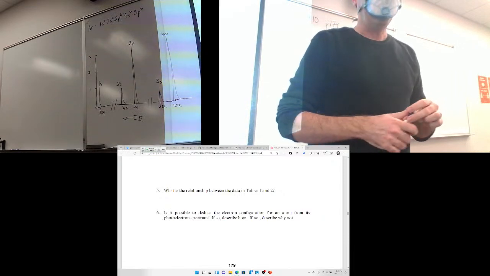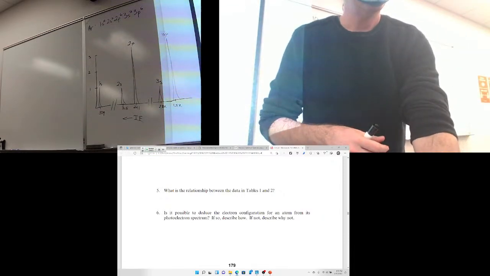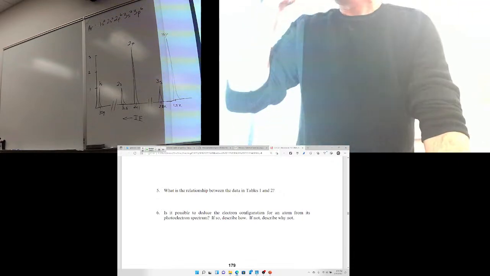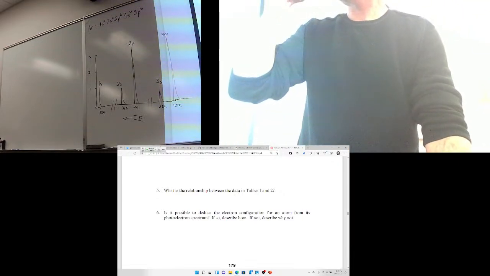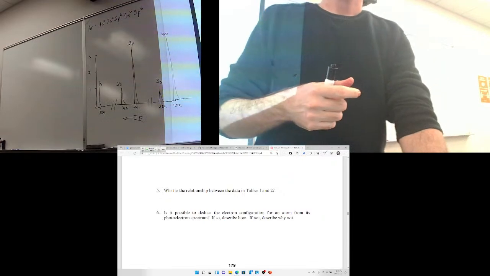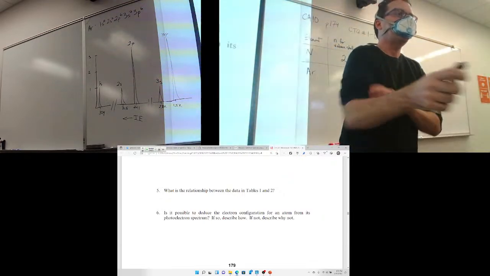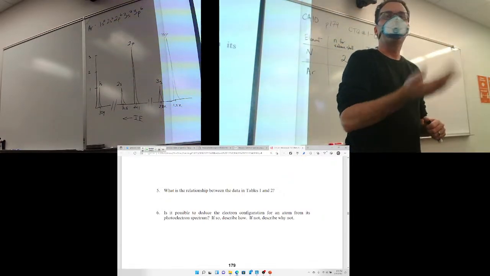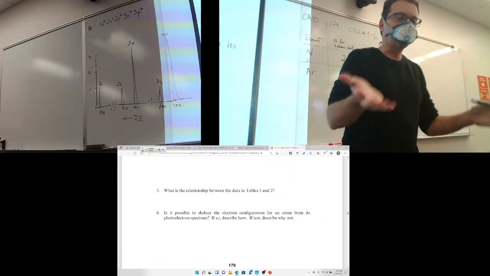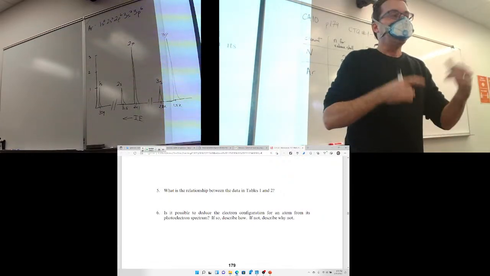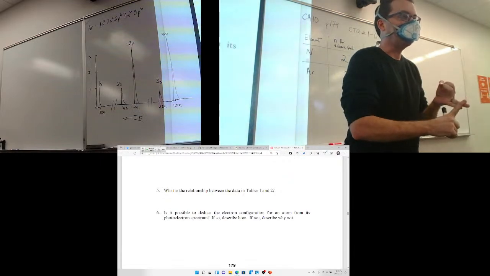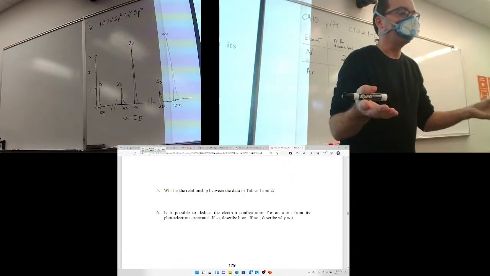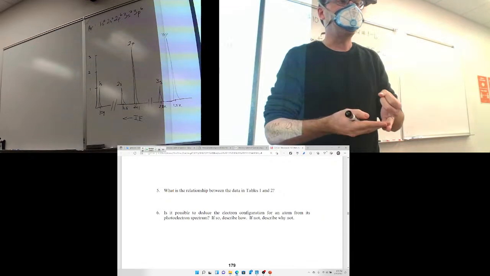If you see peaks that go 1 to 1 to 3 to 1 to 3, do you normally need to double that? Yes, and we'll learn why now. The s subshell holds 2 electrons always, a maximum of 2. The p subshell holds 6.